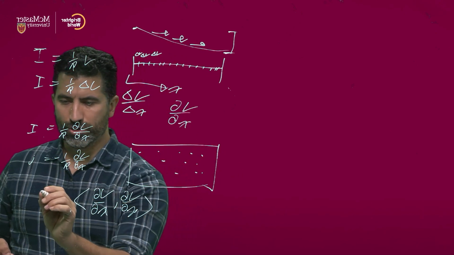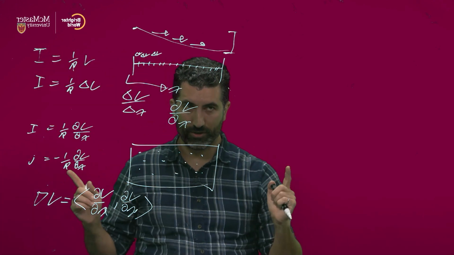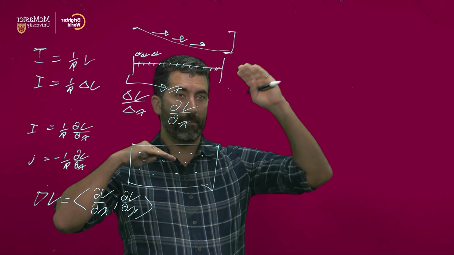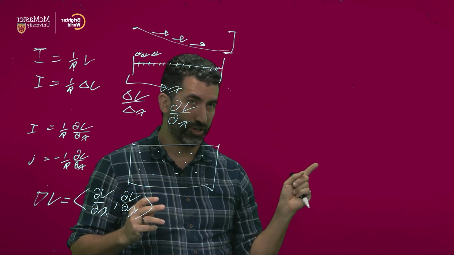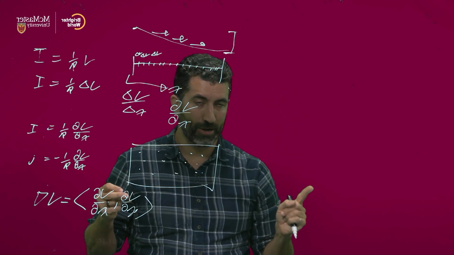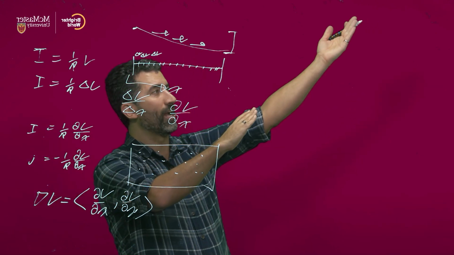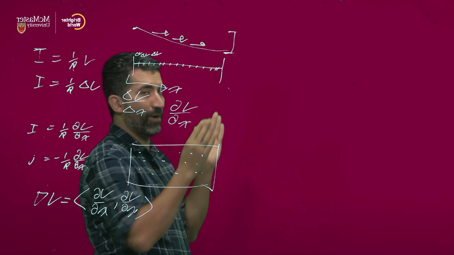And this is equal to grad of V. What the gradient is telling you, this is a review, is at any given point, it's going to show the magnitude of the maximum rate of change and its direction. Okay? So the way to think about this is if you're on a hill and the slope of the hill is going up like that, the gradient is going to be in the maximum uphill direction.